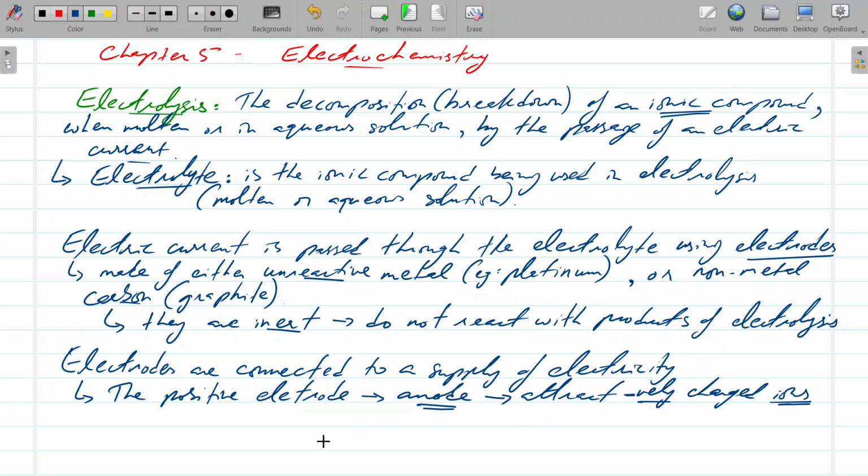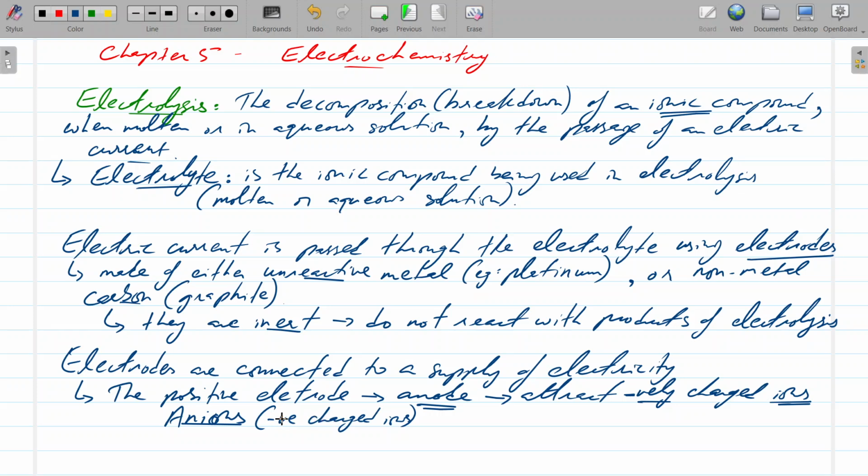Because these negatively charged ions move towards the anode, they are called anions. So, not to confuse: anions are negatively charged and they move towards the anode. Because they're moving, that means they're being attracted, which means the anode has the opposite charge, and the opposite of negative is positive, obviously.